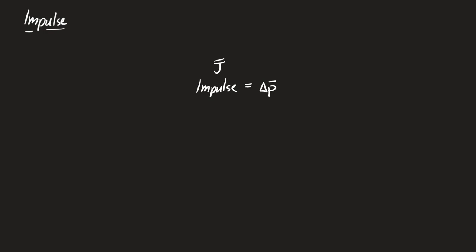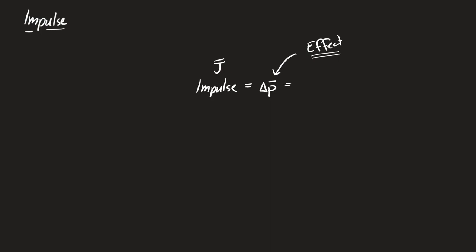Now, there's a couple things about this that I think are important for you to understand. And this is review, I think. But this is the effect side. You can visually see this. You can see the object's momentum change. You can measure it.